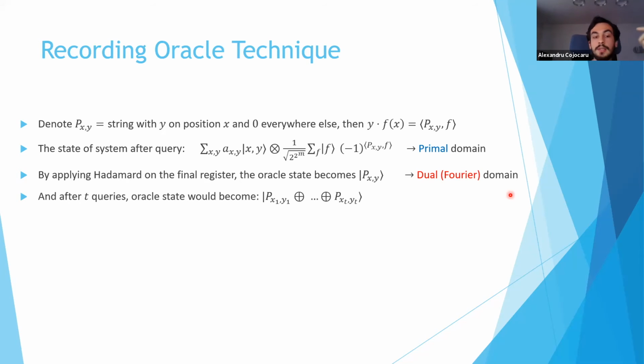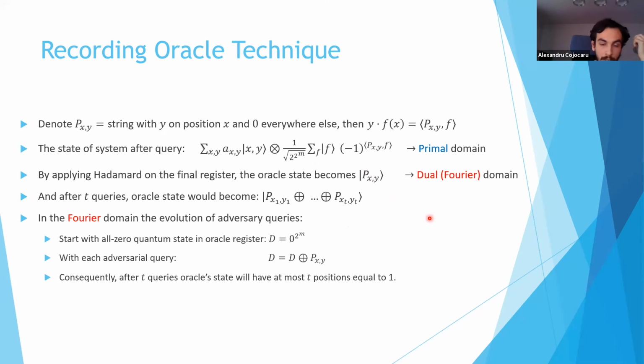We can also generalize this and say that after t queries of the adversary, the oracle state, so this extra register, is just going to become the XOR of t strings of the form p_xy. This nice observation allows us to keep track of the evolution of the adversary's queries in the Fourier domain.